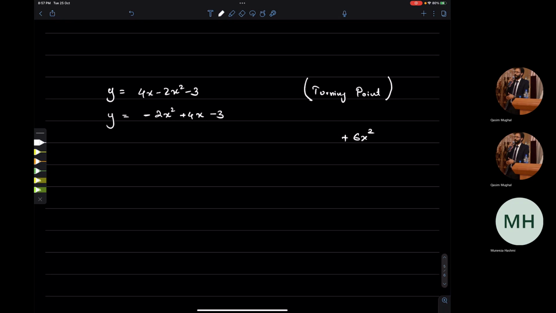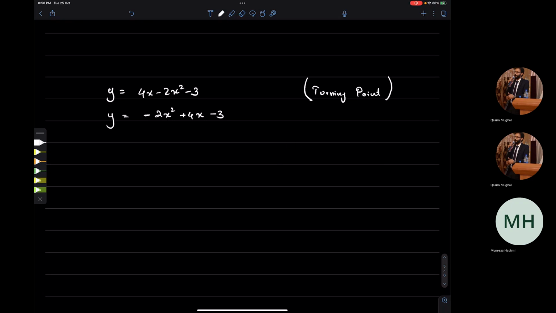Product should be 6 and the sum should be 4. Can you think of the numbers? 2 times 3 is 6, that's it. That's not 4, that's 5. So I'm not able to factorize it, so let's just not do it then.